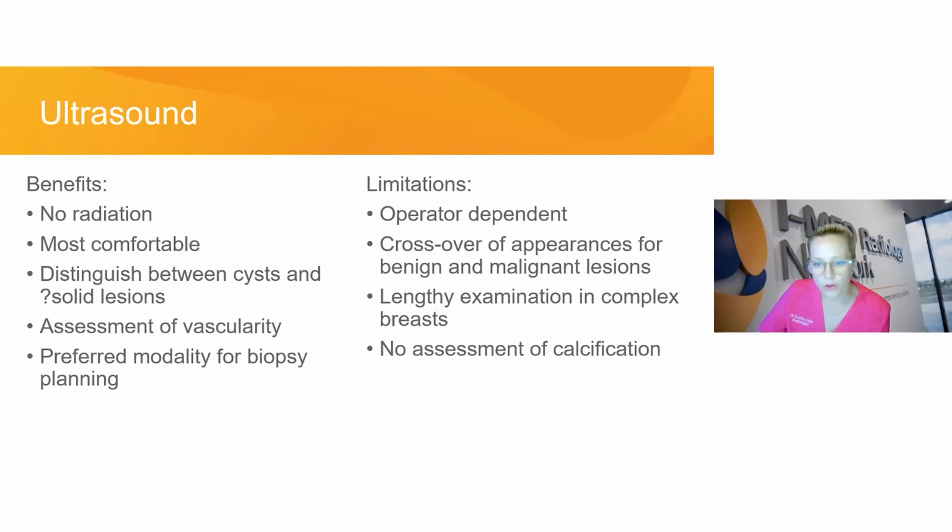The amount of focus they have when they perform the study is quite in depth, and we cannot see calcification. And that is the main reason that ultrasound can't be used as a screening test. That calcification as a sign of DCIS before we have invasive malignancy is what we're here to achieve. So by the time you can see an ultrasound abnormality in the case of DCIS, you're probably actually seeing the invasive disease.